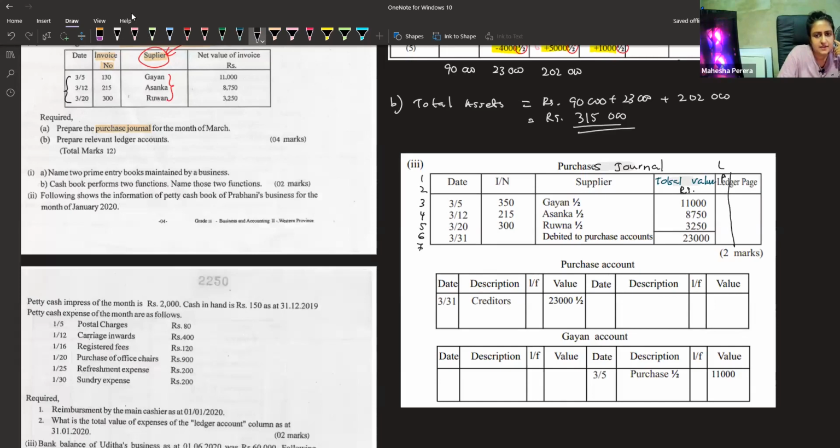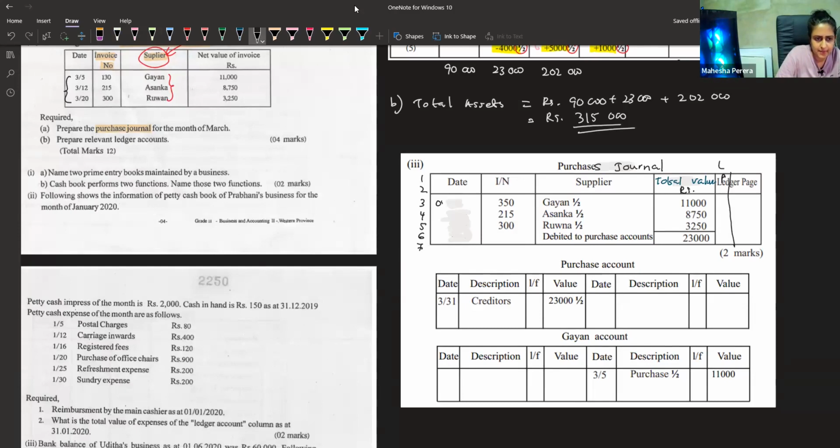Right. Then you had to record each and every credit purchase. First we have the 3rd of this is May, no? March. This has been written in the Sinhala way. So write the dates in English, and I'll correct them. You have to write like this. The date should be 5th of March.